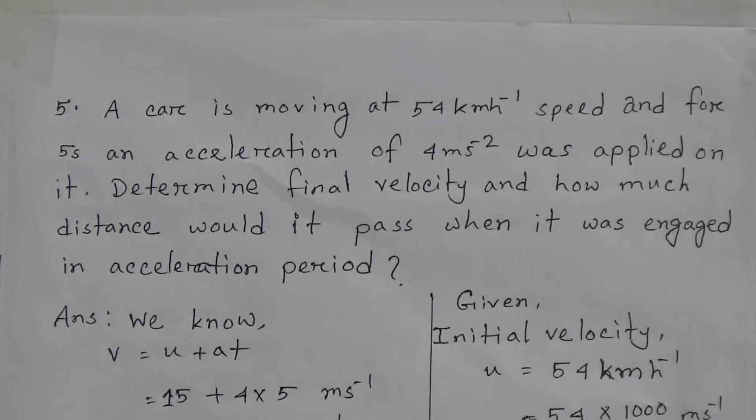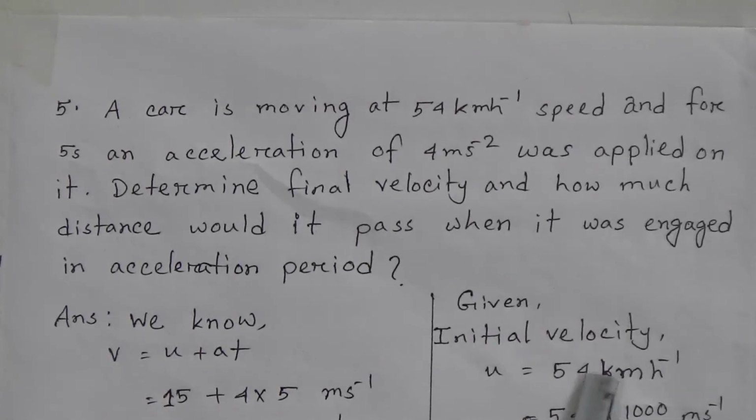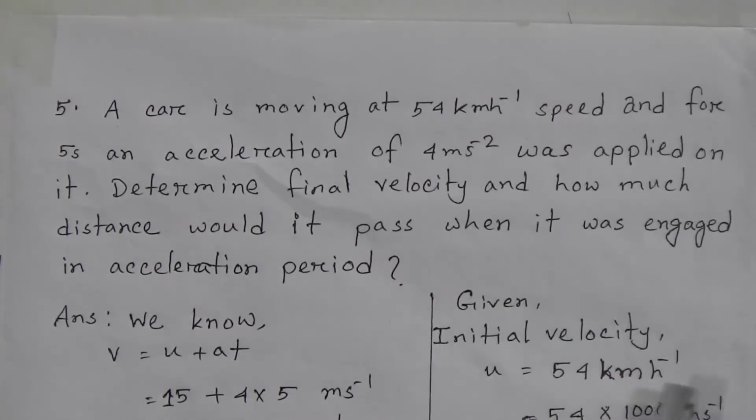Here the given initial velocity is 54 km per hour, and we have to convert kilometer into meter by multiplying with 1000, and hour into second, that means 60 into 60 seconds. So the initial velocity u will be 15 meter per second, acceleration is 4 meter per second square, time is 5 seconds.